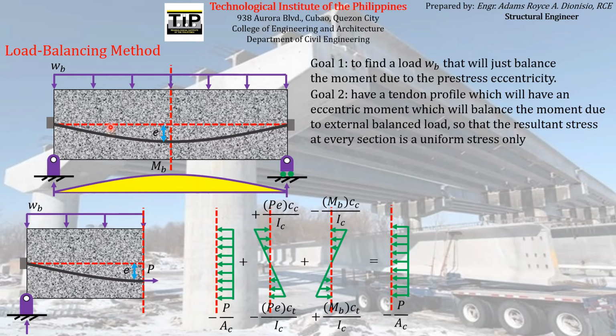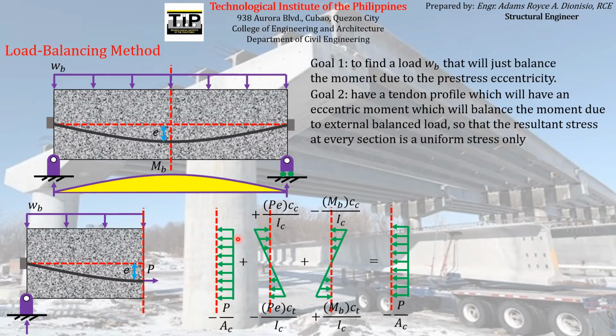Since the eccentricity is now different from the eccentricity at midspan, we can expect that the eccentric moment acting at this particular section will now be equal to this bending moment acting at this same section due to the balance load. So that is how we can address the difficulty we encountered a while ago.